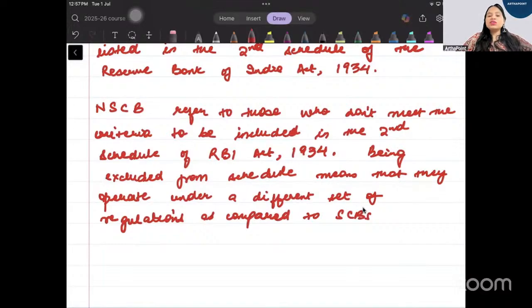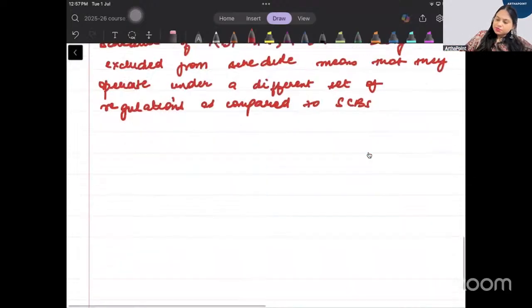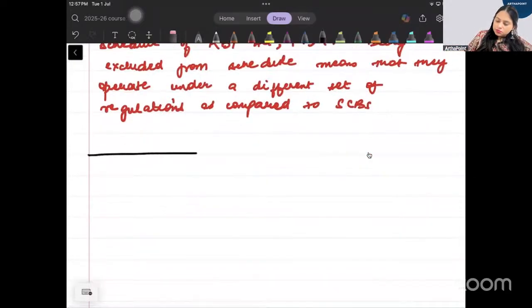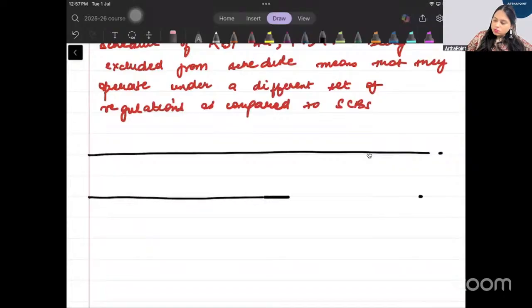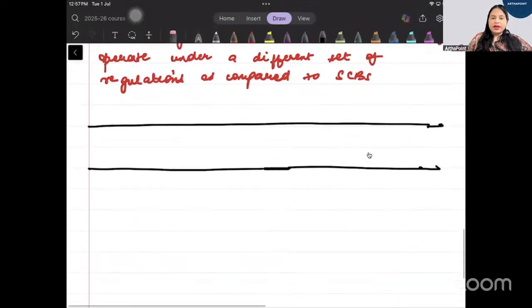Okay. Now let us go ahead and let us just write down in detail, beta, कि what is a scheduled commercial bank and non-scheduled commercial bank. ठीक है? So just make a table.